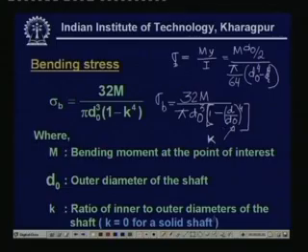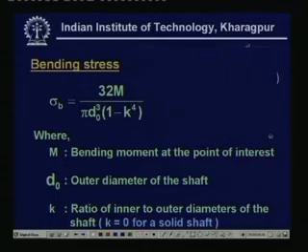So you understand that this is the idea from which we find that the bending stress comes out to be sigma b equals 32 M by pi d0 cube, times 1 minus k to the power 4.